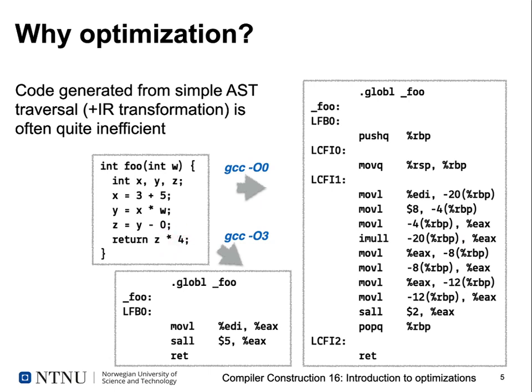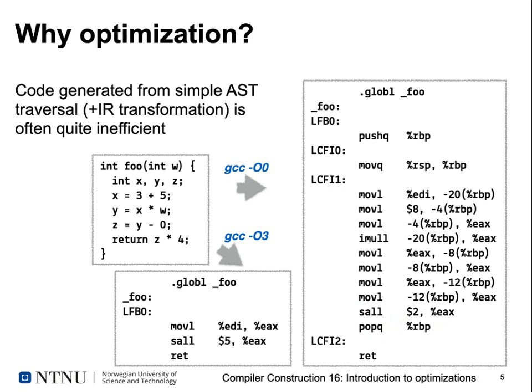For integer numbers, multiplying by 4 is identical to a logical shift of the number by 2 bits to the left. So z times 4 is just replaced by a left shift of $2. And this result is already in EAX, so it is returned. We don't have to do an expensive copy of registers over to EAX again, so we can just pop our base pointer and return.